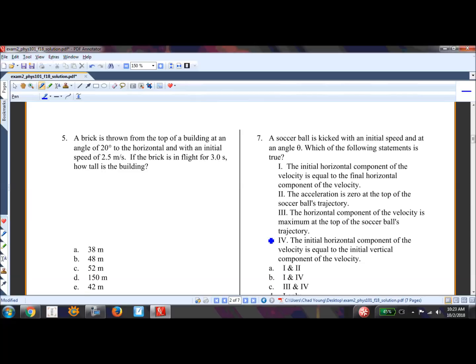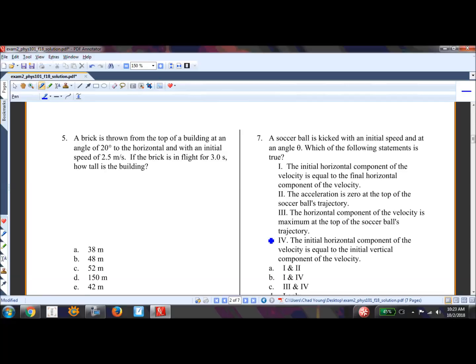I put in the y component, that's 2.5 meters per second times the sine of 20, times t, which is 3 seconds, minus 5 meters per second squared. That's these two together, half of negative 10, times 3 squared.